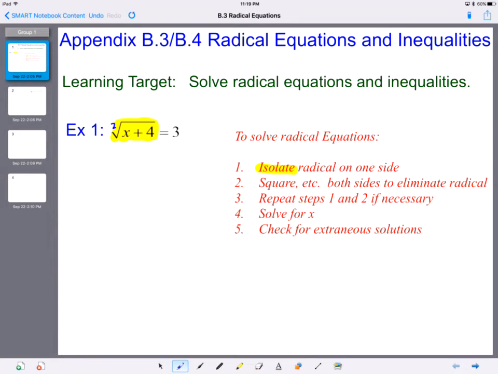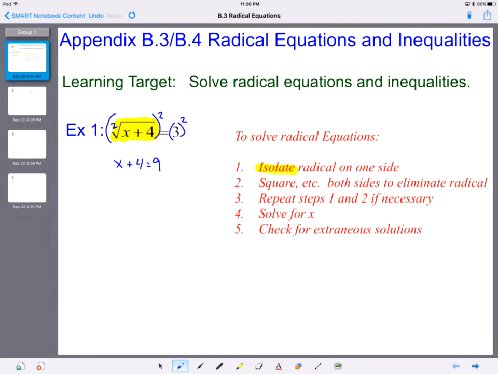Since this is a square root, there's a 2 right there, not written. It's understood that it's a 2. So to undo a square root, you will square that side, which means you'll square the other side. So when you undo a square root, you square both sides, and that cancels it out. And so that leaves you with just x plus 4 is equal to 3 squared, which is 9.